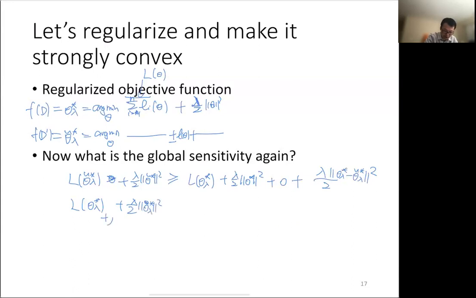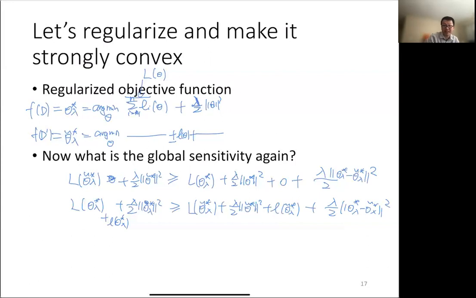Now plus this additional loss term, and this is larger than L theta star tilde lambda plus half lambda theta star tilde lambda, and plus L theta tilde star lambda, and plus half lambda theta star lambda minus theta tilde star lambda squared. Okay, we're just applying the definition of strong convexity.